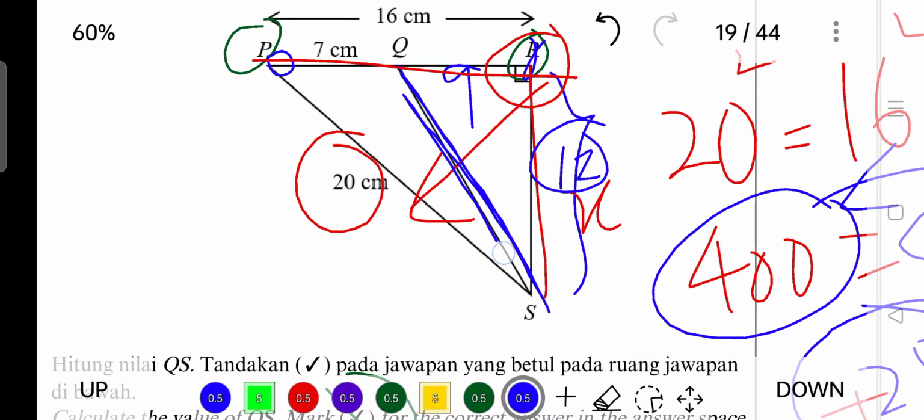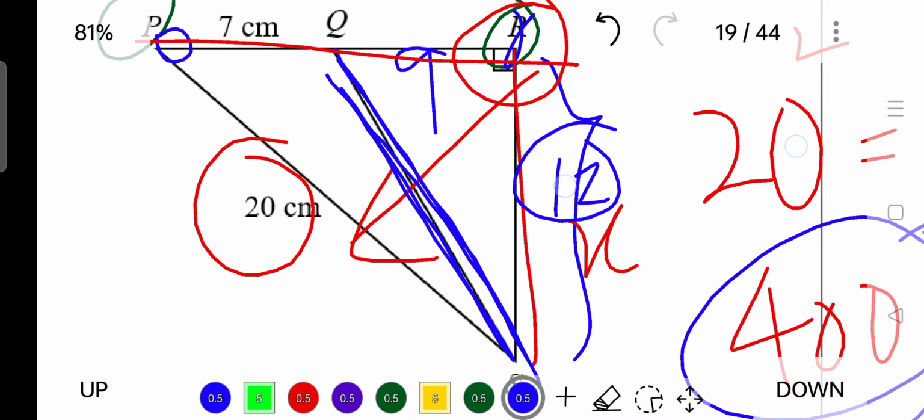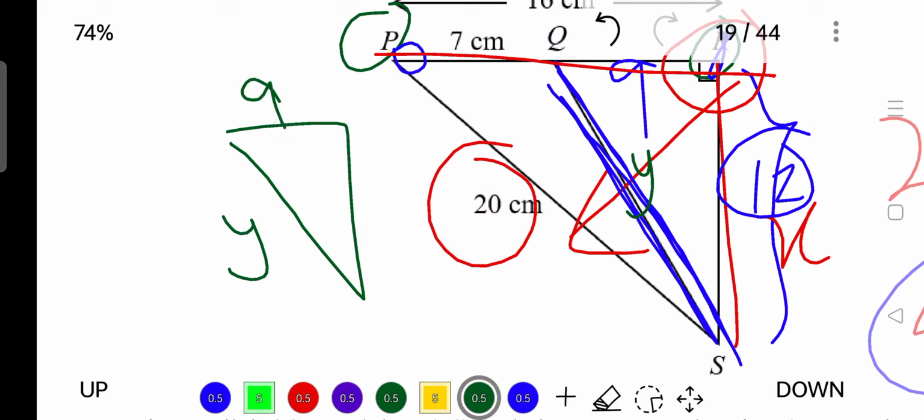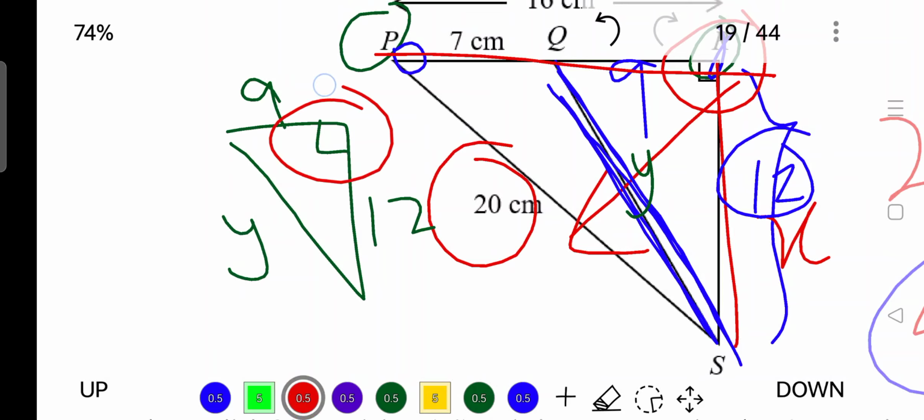QS is here. So I have to do it one more time. Can I label it as Y? I am splitting the triangle as 9, 12 and Y. Okay, this is my box. All right, so let's do it all once again.